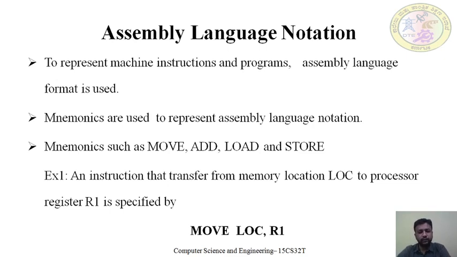Machine level language means the computer understands only machine level language, while a high level language is a human readable format. There is one more concept, assembly level language, which we will discuss in detail in the next session.